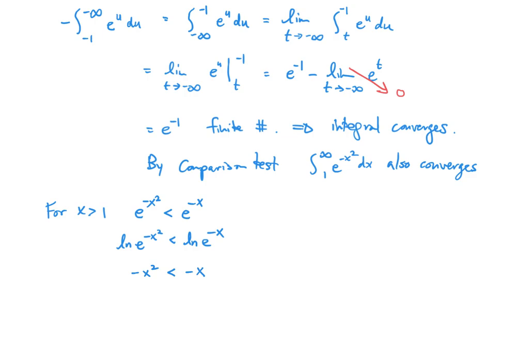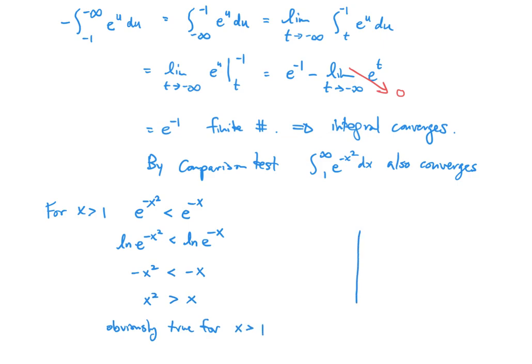If I multiply both sides by negative 1, then that says that x squared is actually greater than x. Remember, when you multiply by a negative number, you have to switch the direction of the inequality, and this is obviously true for x greater than 1, right?